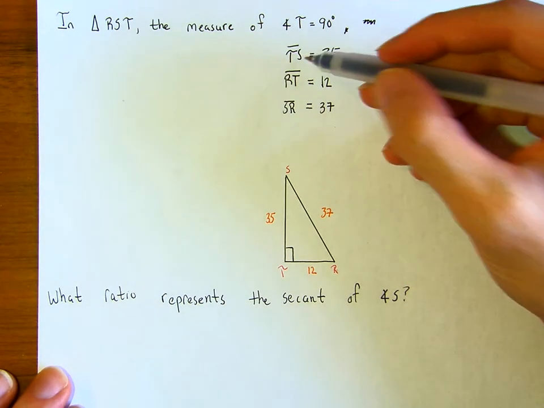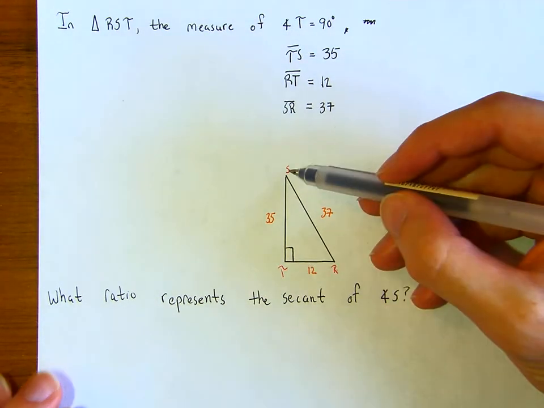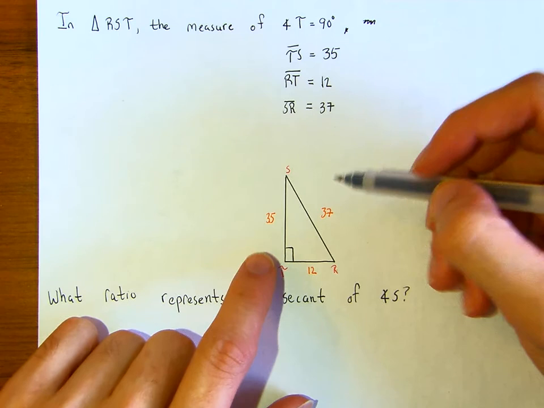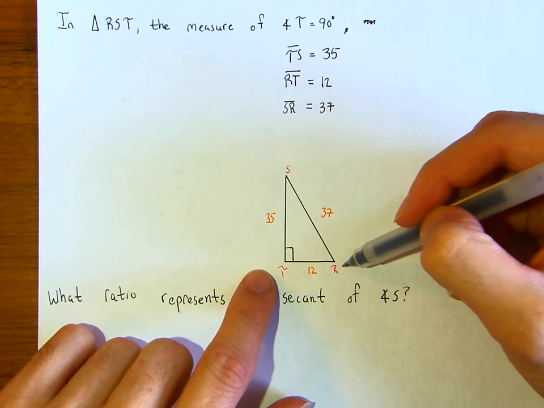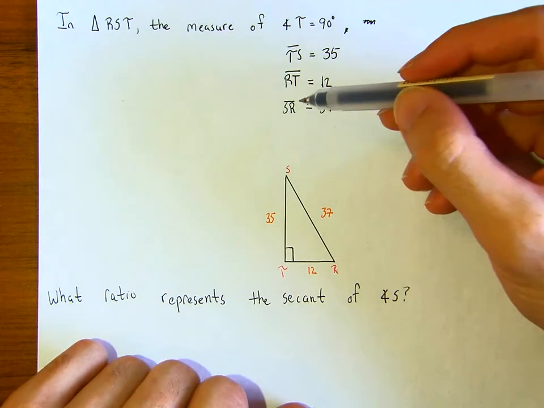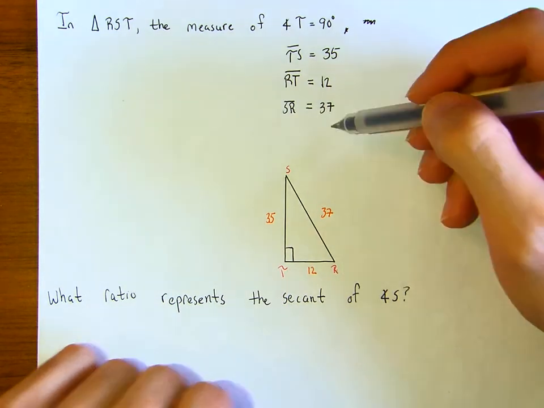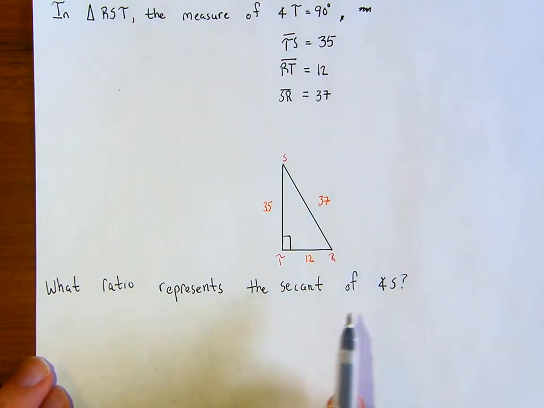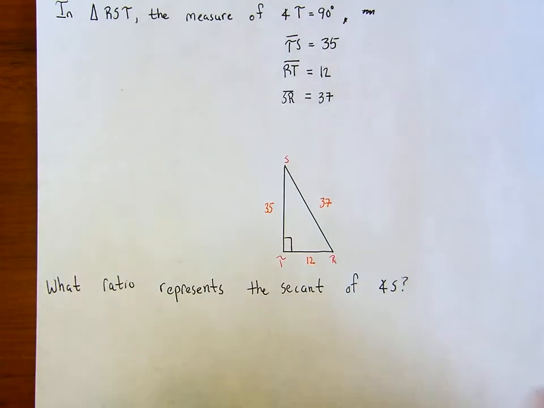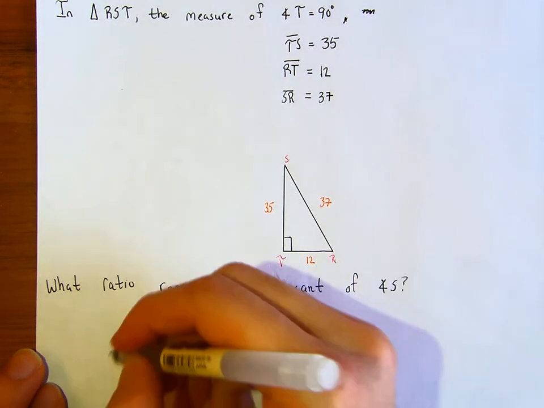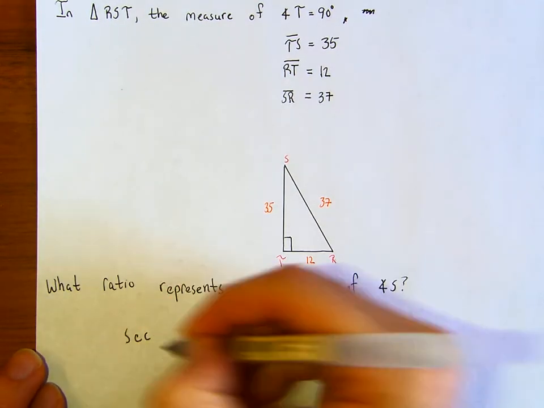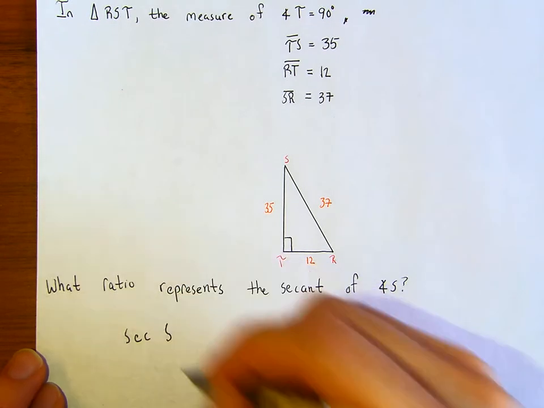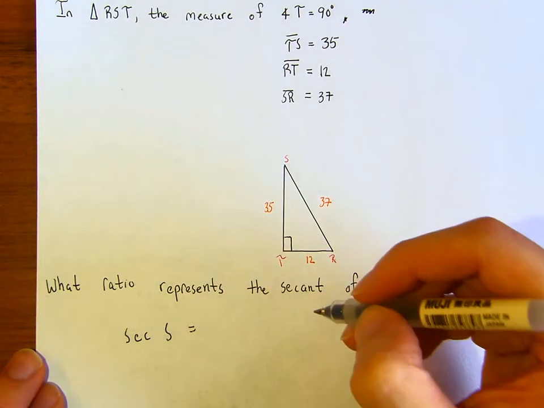T to S is 35. R to T is 12, and S to R is 37. What is the ratio that represents the secant of angle S? So what I'd like you to do is try and do this question, right? If you pause the video here, secant of angle S is equal to what?